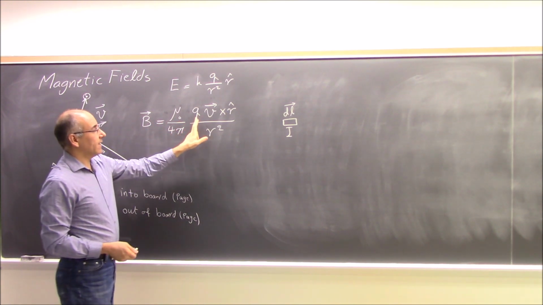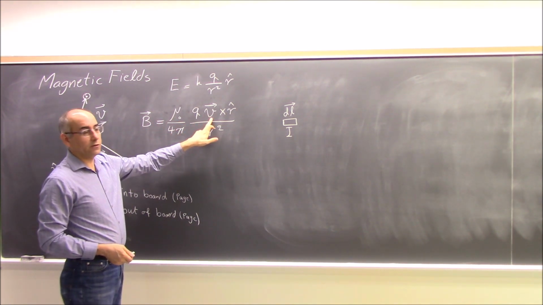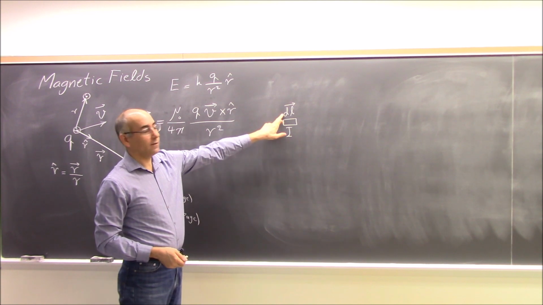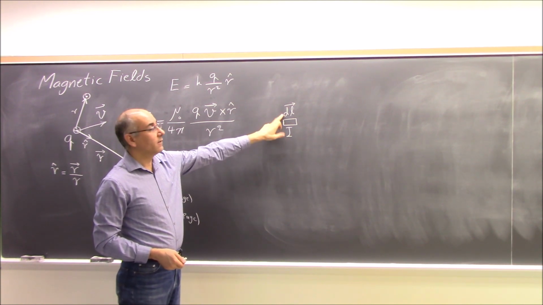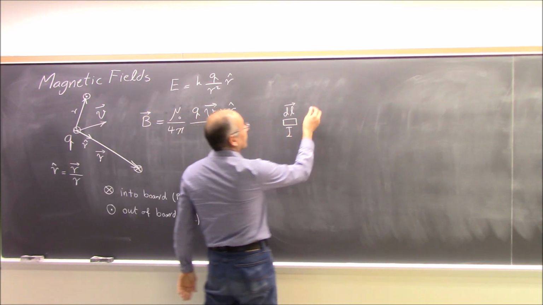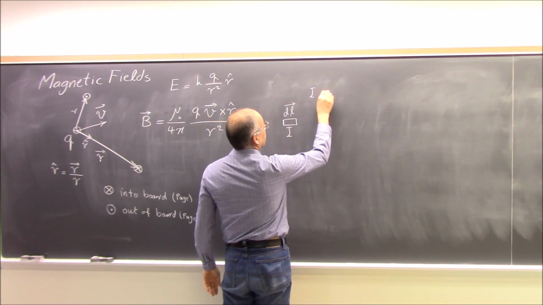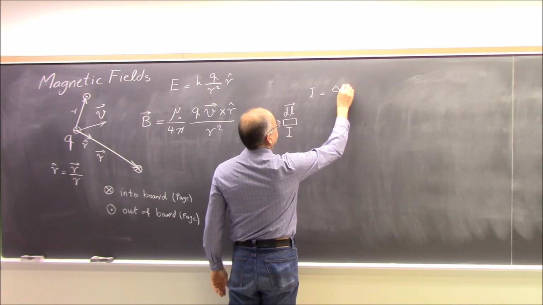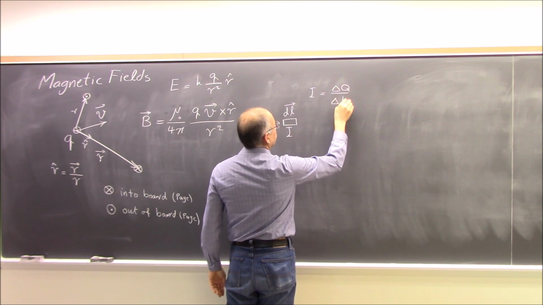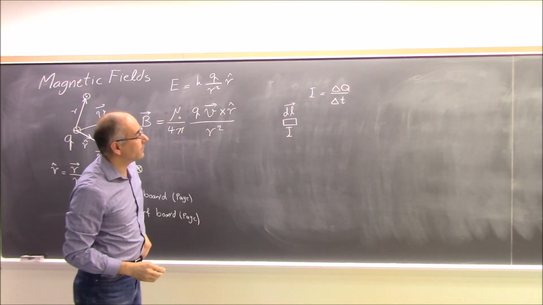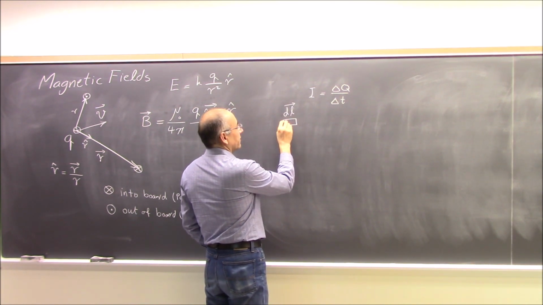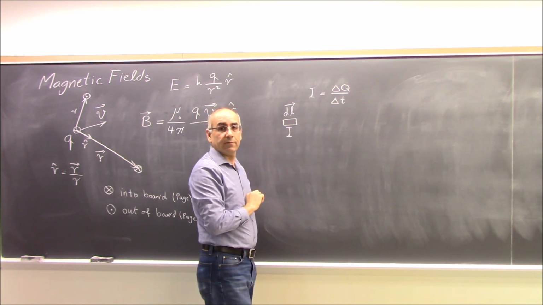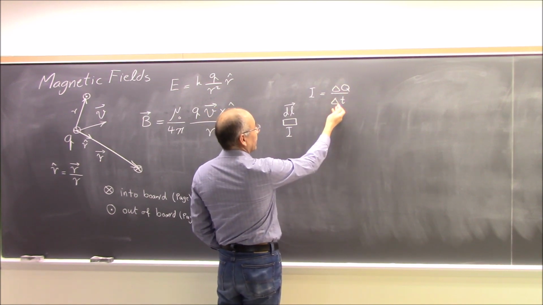So it turns out that instead of Qv, you can use I times L, or I times dL. Why is that? Because I is delta Q over delta T, right?